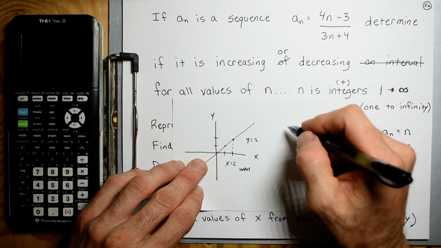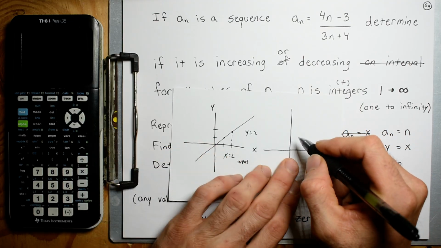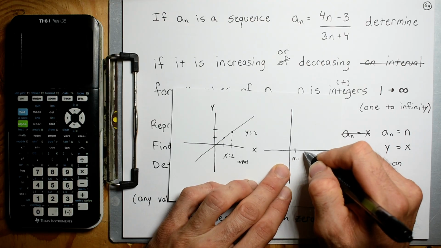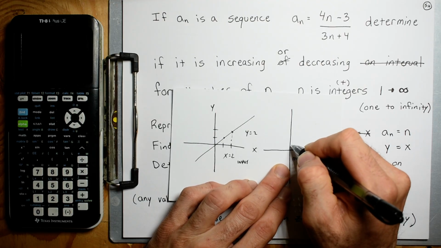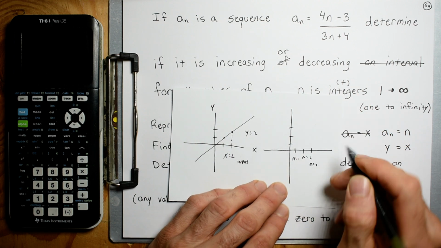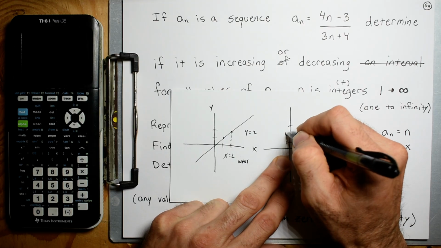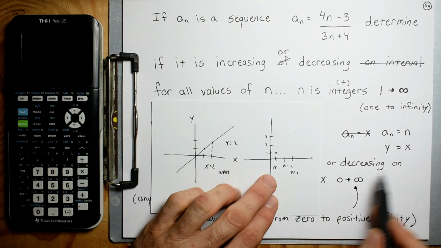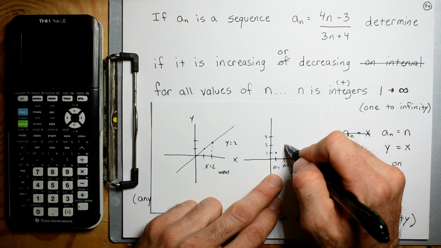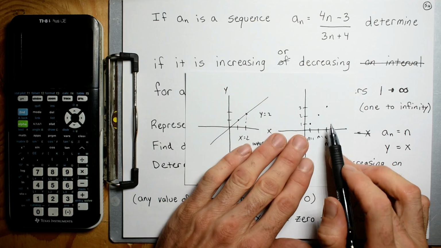So now, what does a sequence do? Well, a sequence says, hey, we're not going to have 0, but we're going to start at n is equal to 1, n is equal to 2, and let's do up to n is equal to 3. And then we're going to say, hey, when n is equal to 1, the value is 1. When n is equal to 2, the value is 2. N equals 3, the value is 3. So this is what happens when we have a sequence.